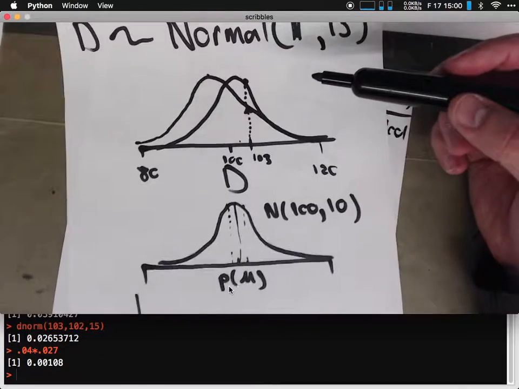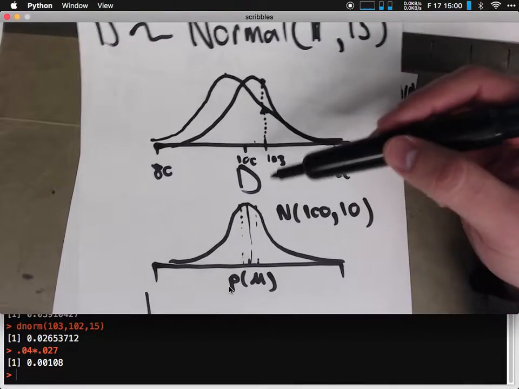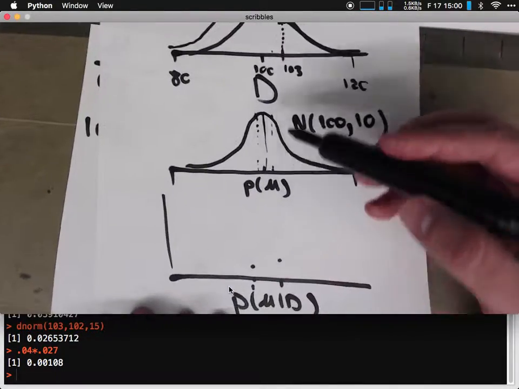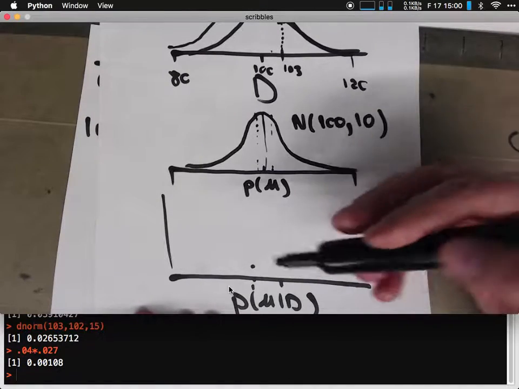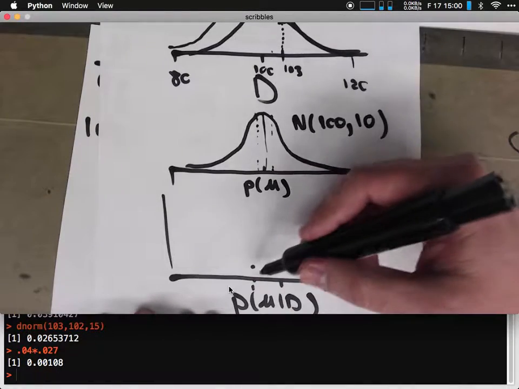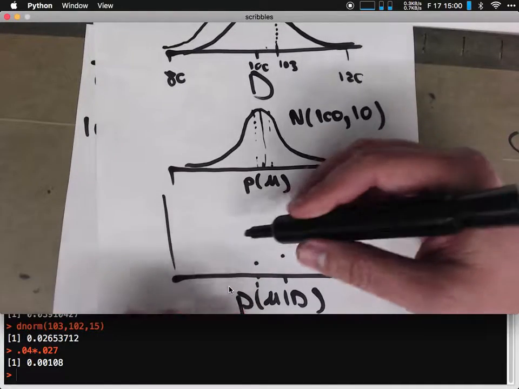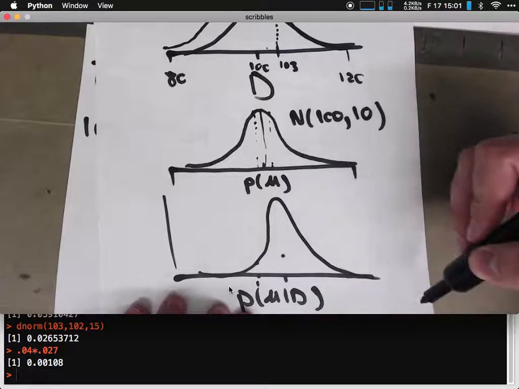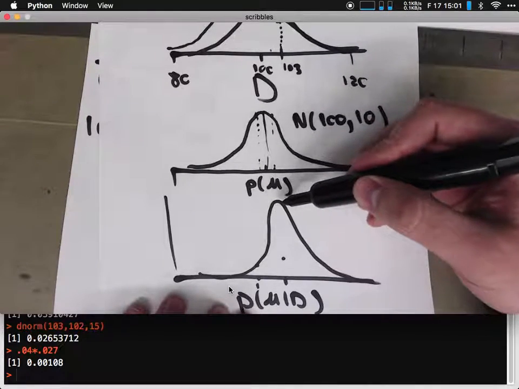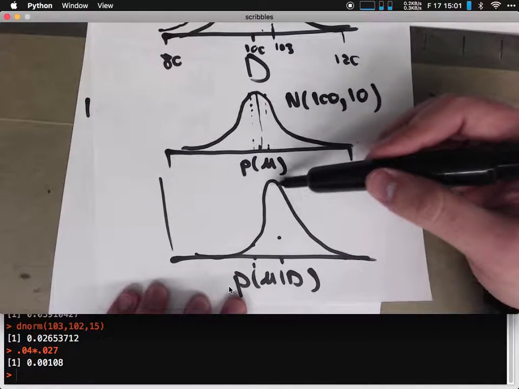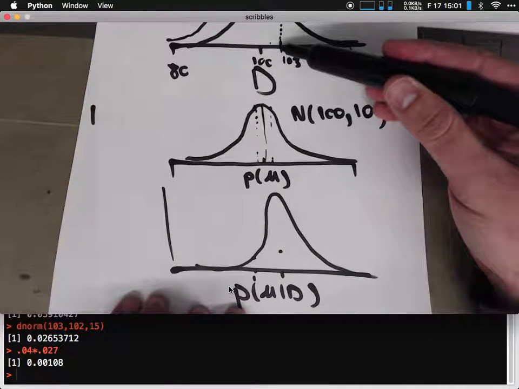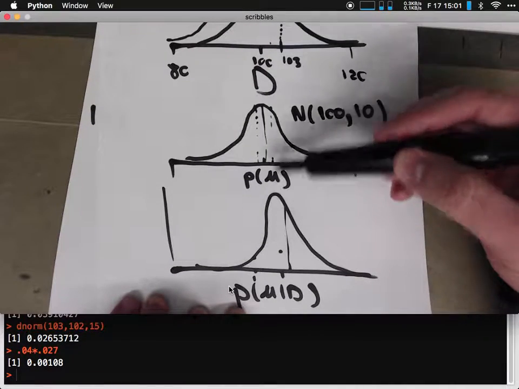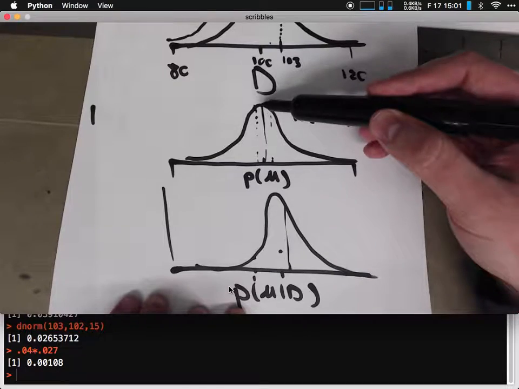We only have one data point, so it's not going to move very far from our prior here. So it's probably going to be, if we scaled all these up, something like that. A little bit tighter, moved over a little bit towards the data point that we have, but still fairly close to the original peak.